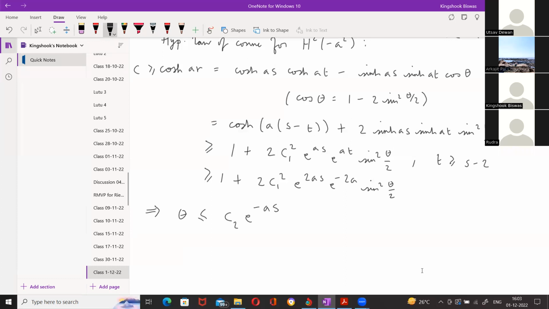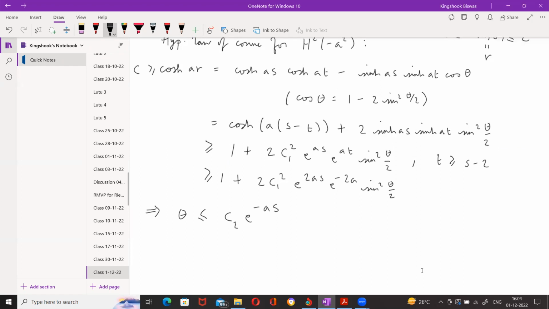Is that clear? Yes. Right, so this comparison angle is less than this constant times e to the minus AS.